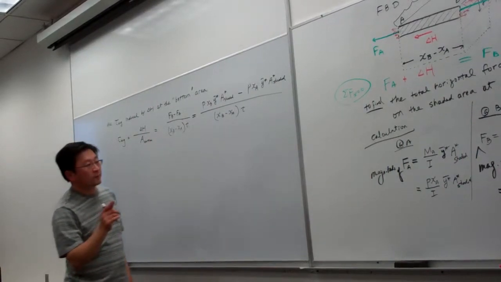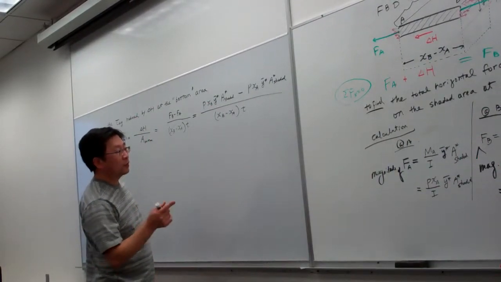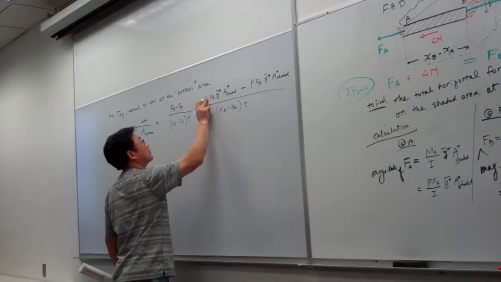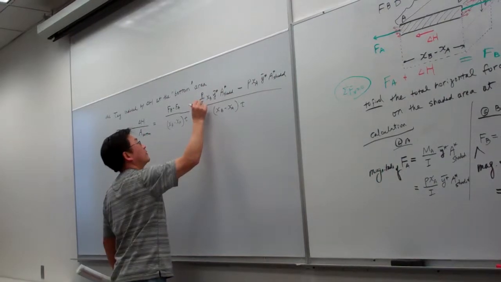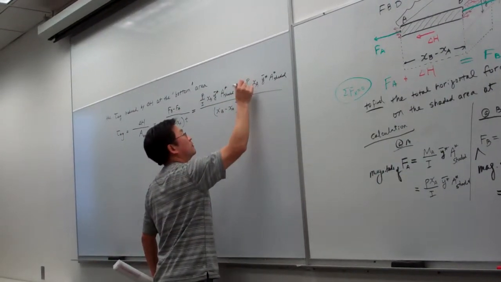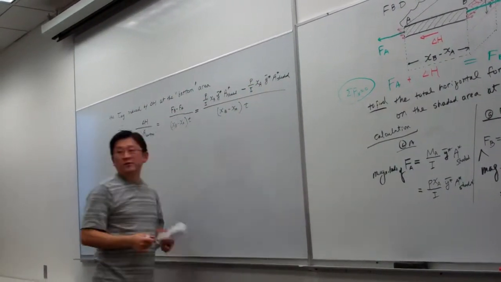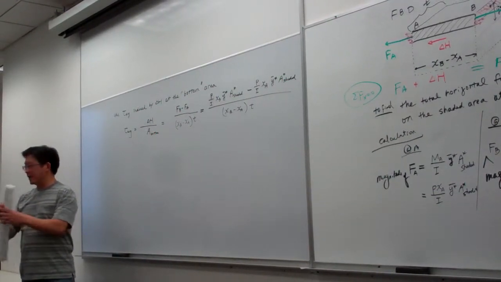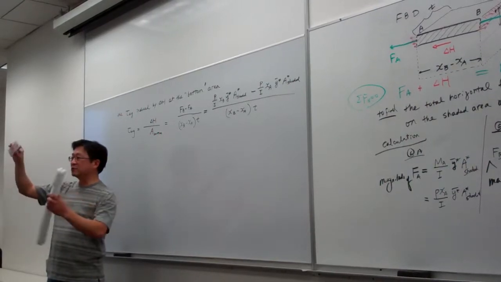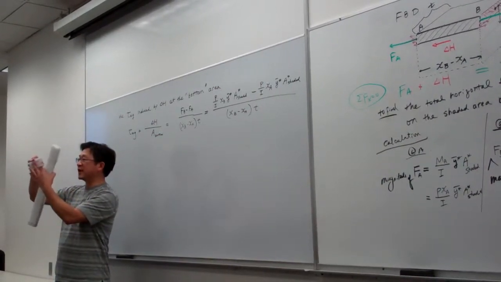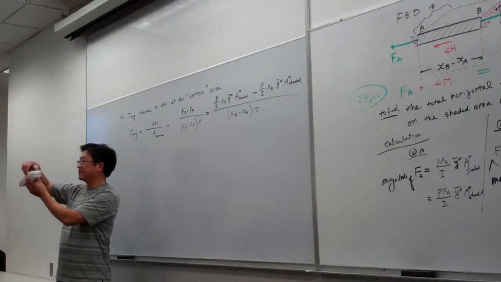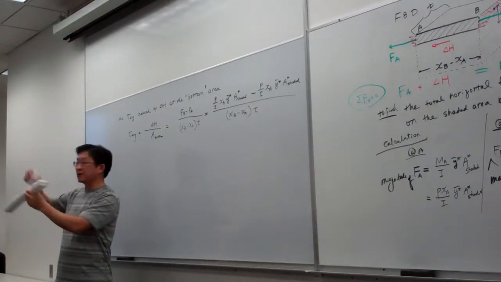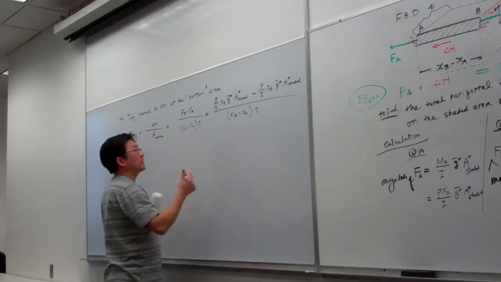Oh, I forgot, here divide by I. Sorry, here is P over I. So far so good. Again, what we are doing is looking for the average stress in the horizontal direction. Now we simplify this.